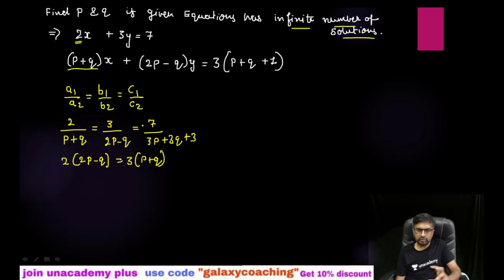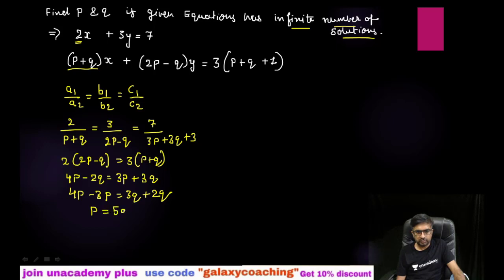These two are also equal, but right now we are going to use these two only. So 4p minus 2q equals 3p plus 3q. Take this p here: 4p minus 3p and 3q plus 2q. So p equals 5q. This is your equation number 1 that you got from these two.